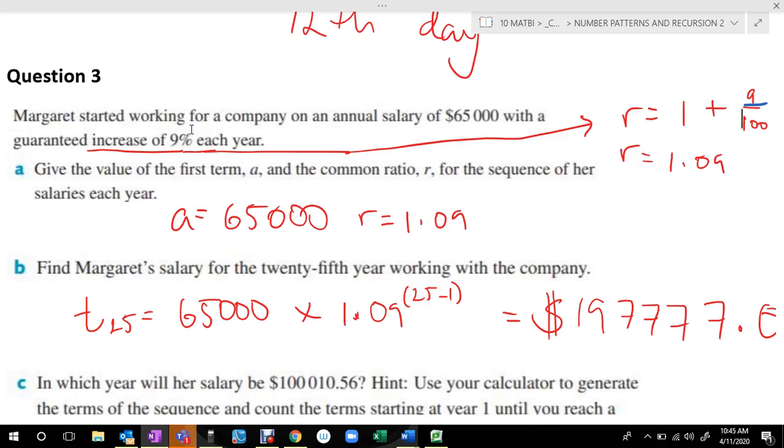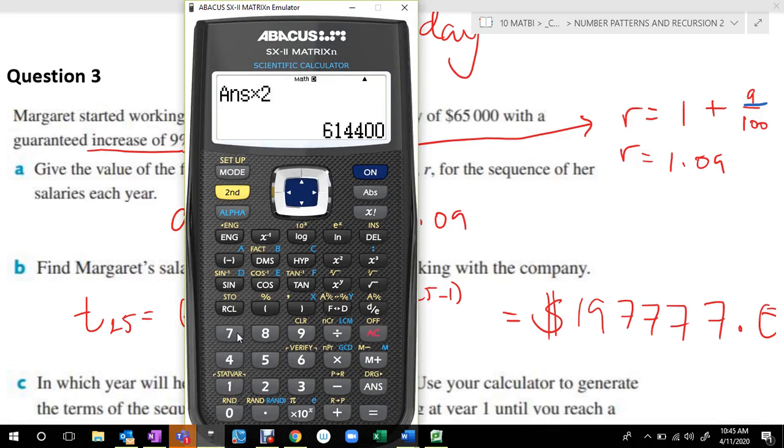Do we put that into the calculator? Yes. What did you put? 25 minus 1? Put 65,000 times 1.09. Yep. And then with the power of 24. 24? Yes. And what did you get? Times 1.09, it gave me like 514,000.